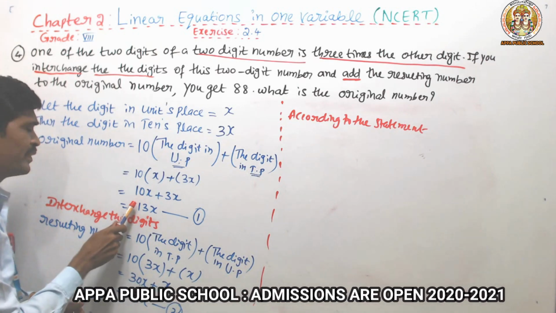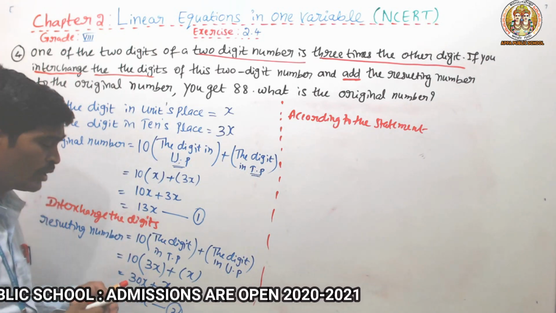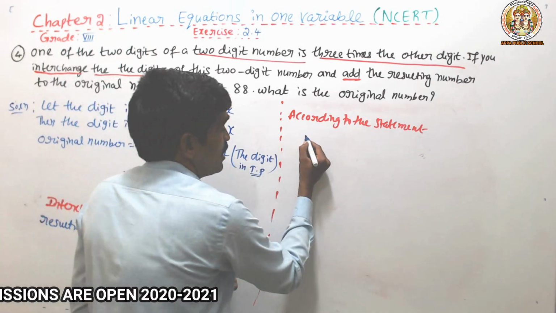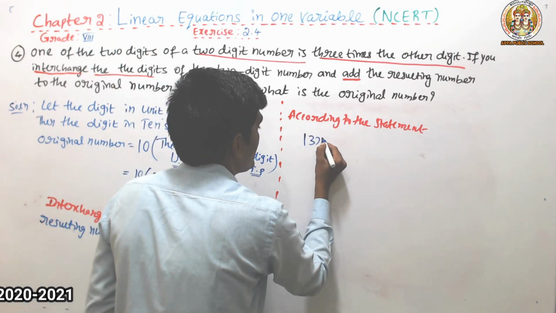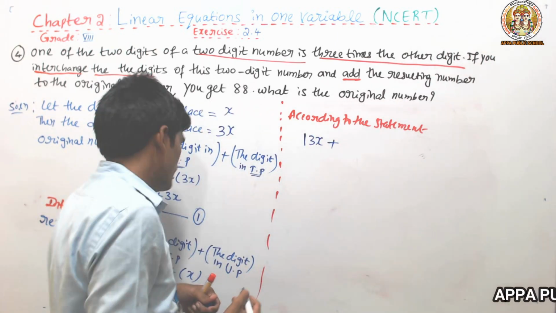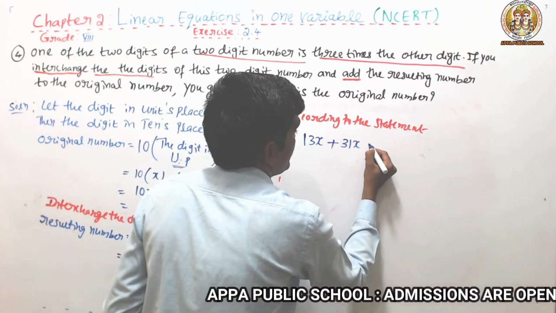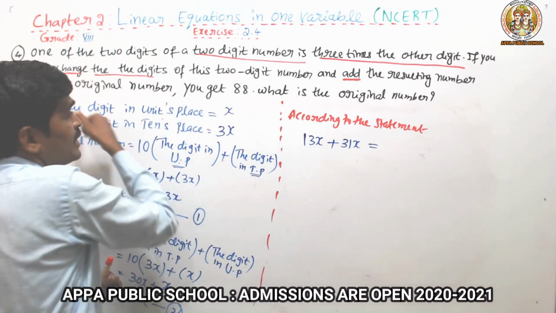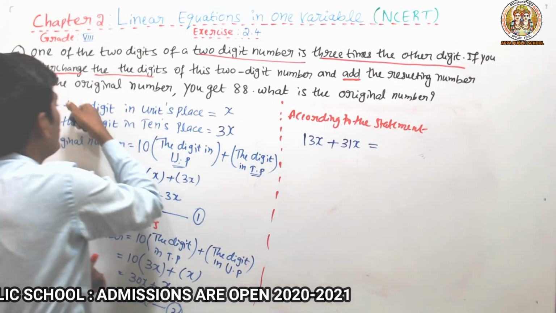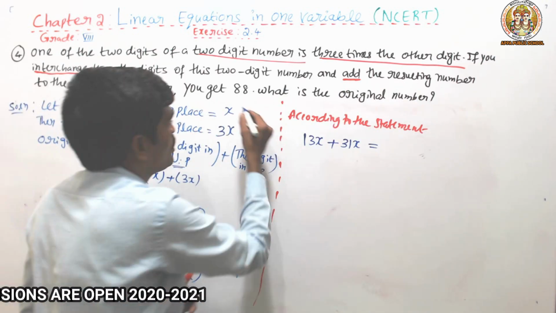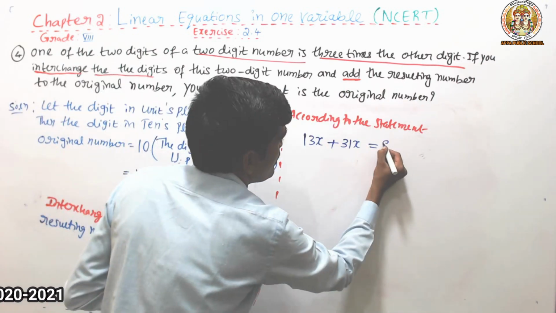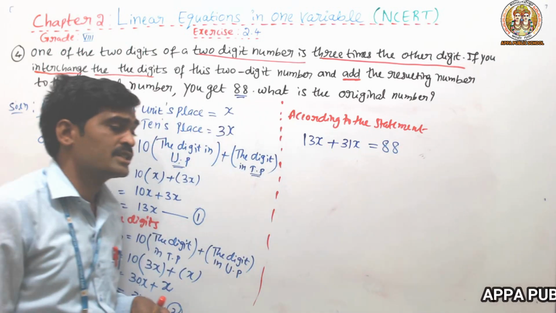Original number means 13x, add the resulting number 31x, you will get 88.